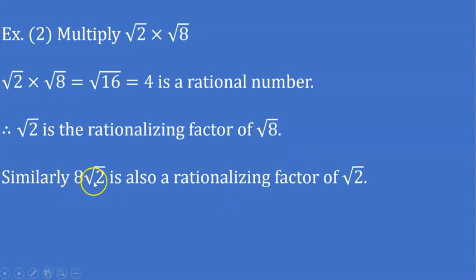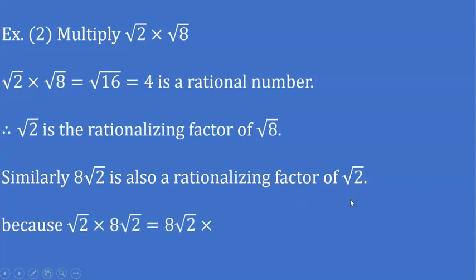Similarly, 8 root 2 is also a rationalizing factor of root 2, because root 2 into 8 root 2 is equal to 8 into root 2 into root 2, which is 8 into 2, that is 16.